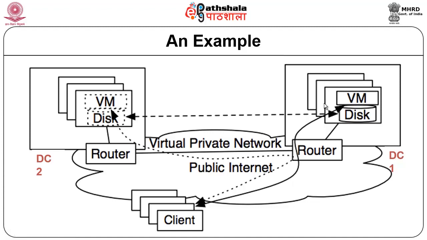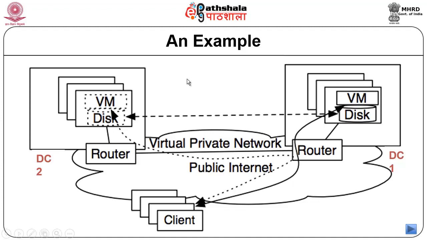This is called a live migration of a virtual machine, wherein we do not stop the working of the VMs and we do not let the client know that there is a migration; we move the VMs on our own. So, we create a virtual private network and move the virtual machine while the client is still talking to the original virtual machine.